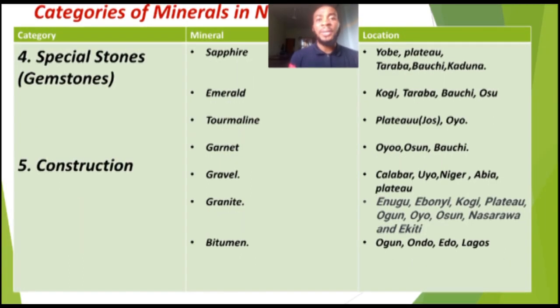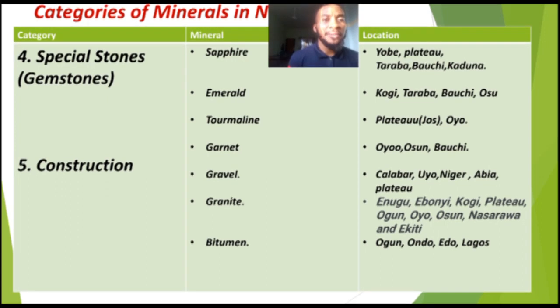We also have special stones. These are used for decoration, for beautification of the building or church. They could also be worn. So we have examples like sapphire, emerald, tourmaline.